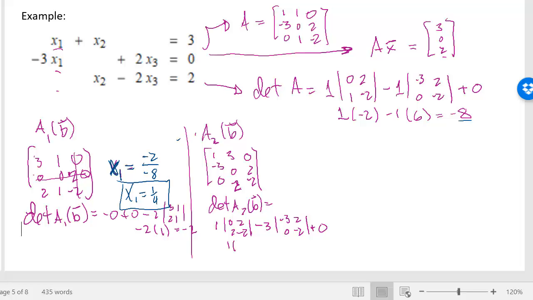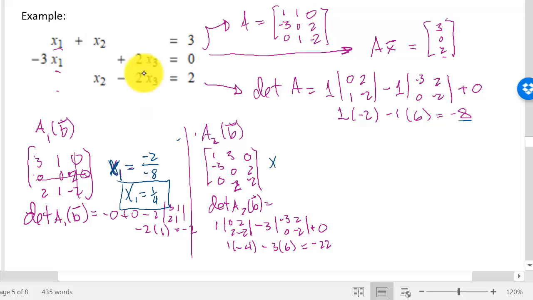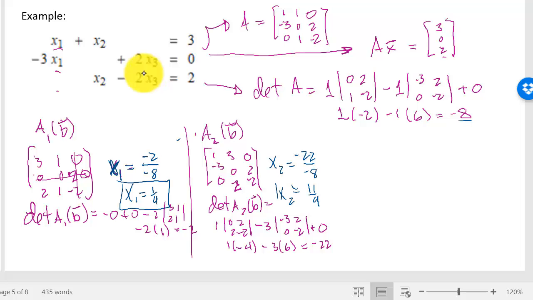So we have 1 times negative 4 minus 3 times positive 6. So that's negative 4 minus 18, that's negative 22. Okay? So now we have our second solution. X sub 2 is going to be equal to negative 22 over negative 8. So that's a positive 11 over 4. That's your x2 value.